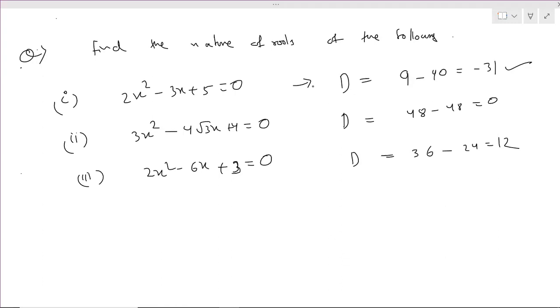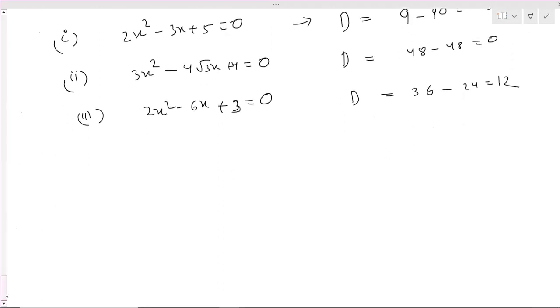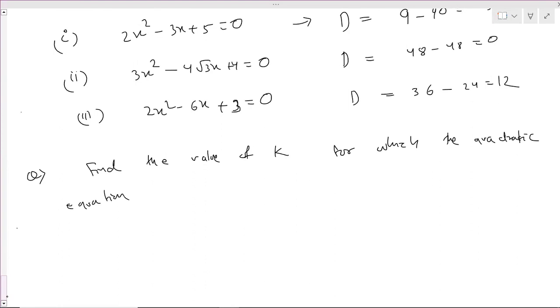So this is clear, I hope. Yeah. Okay, next question. Now you have to solve this question. I will not give you any hints. All right. Find the value of k for which the quadratic equation has two equal roots.